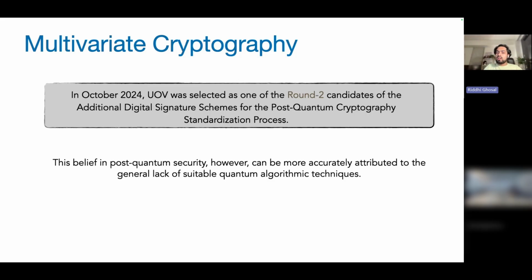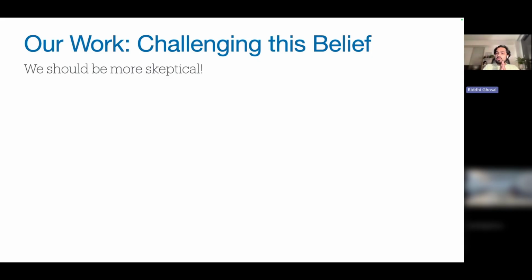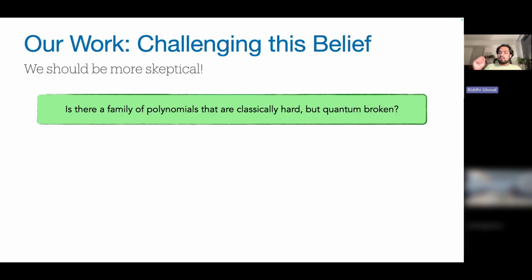So in this particular work, we want to challenge this very belief, right? We want to set out a flag saying, hey, be a little bit more skeptical. Maybe there are some natural families of polynomials that you can break using a quantum attack. Specifically, the question we ask is: is there a family of polynomials that is probably classically hard, which is fine, but quantum broken?